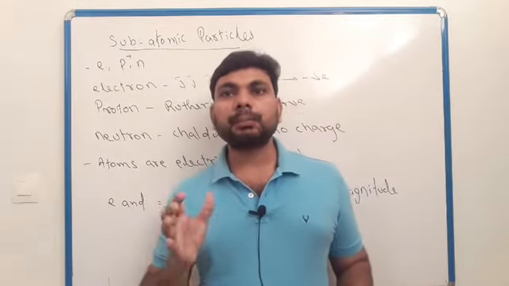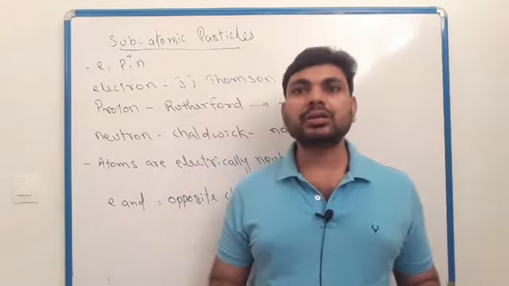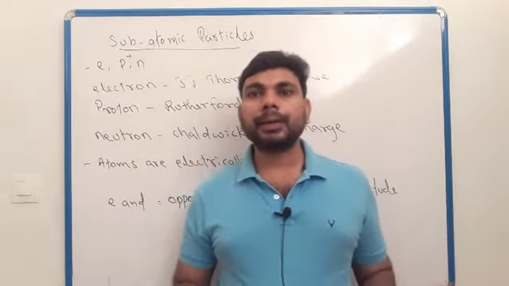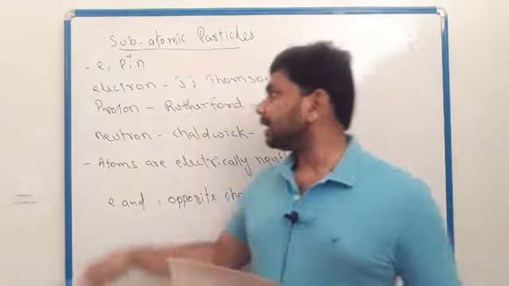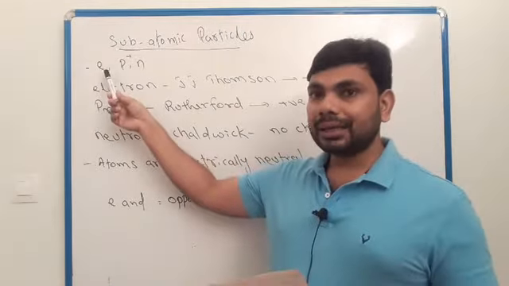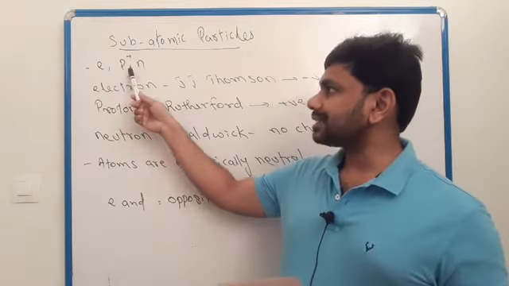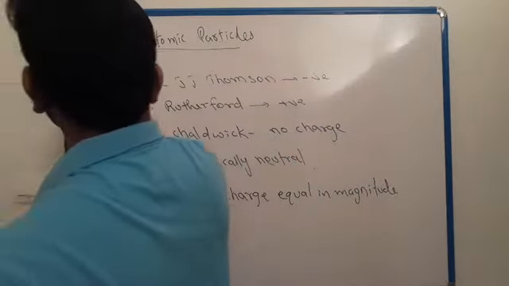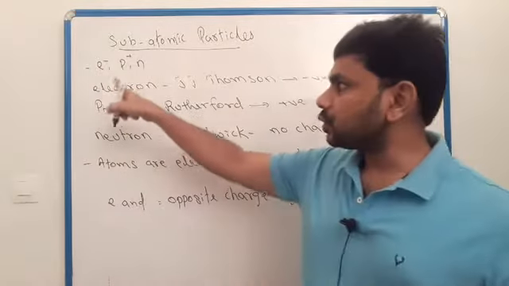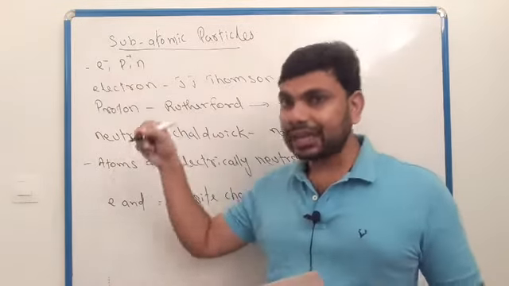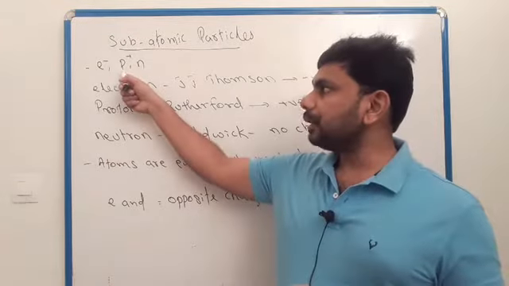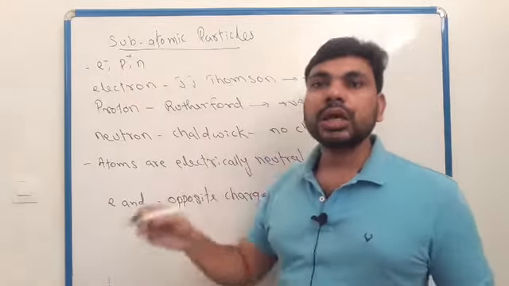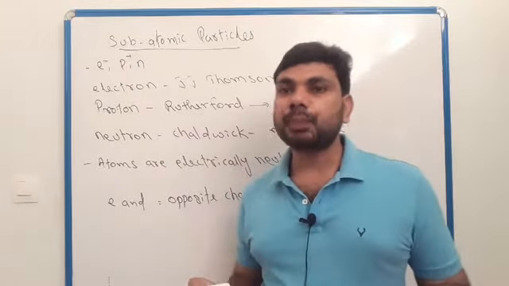Electrons are represented by E minus, protons P plus. Electrons have negative charge, protons have positive charge, neutrons are chargeless particles.